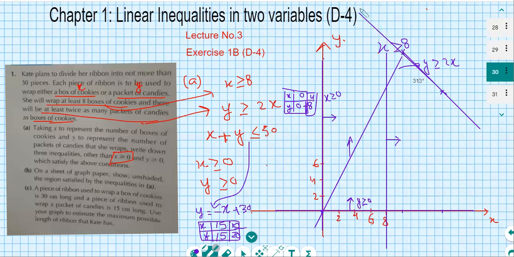So join these points, so we have a straight line. So go back towards the back side. And the region should be less than, so it means the region should be below this line.